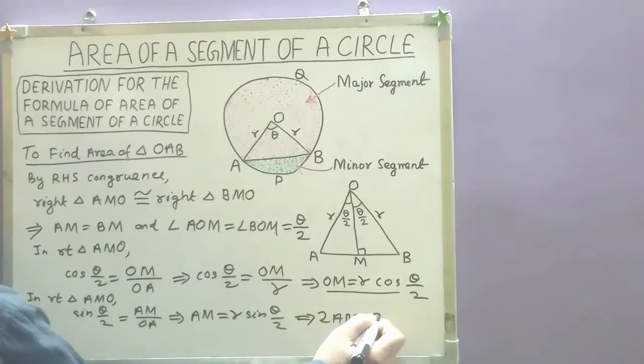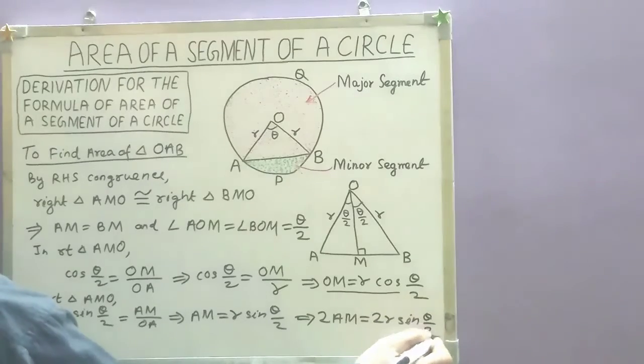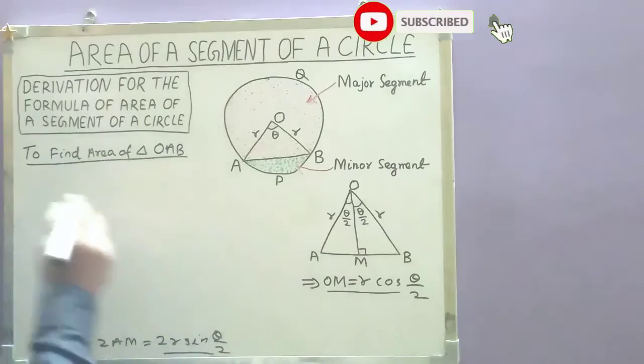That implies that 2 AM equal to 2R sin theta upon 2. That implies that AB equal to 2 AM, that equals 2R sin theta upon 2.